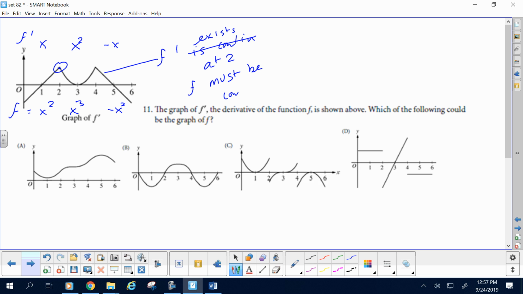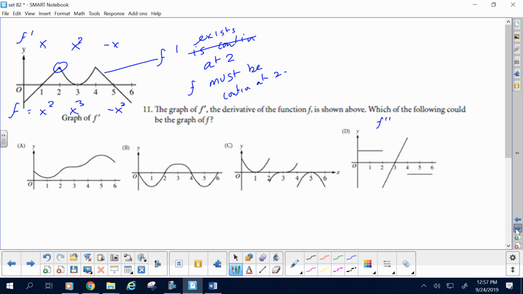F must be continuous at 2 and 4. All right? D is an interesting choice. What does somebody who chooses D think of? Very common misconception. Yeah, they weren't looking for the antiderivative graph. They took the derivative graph. All right, they took the derivative of the derivative. This actually would be the second derivative.